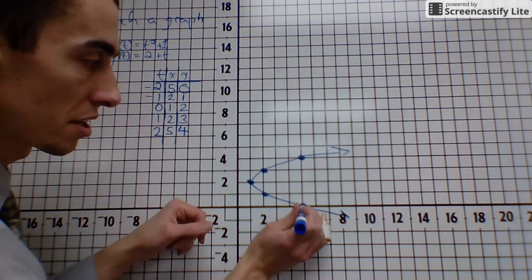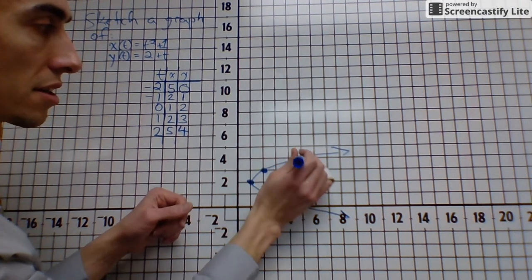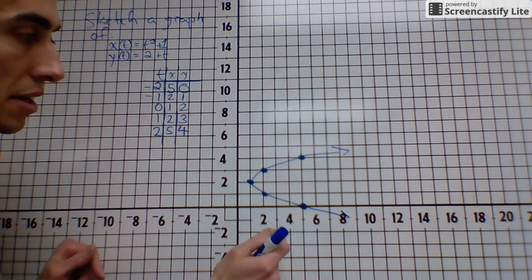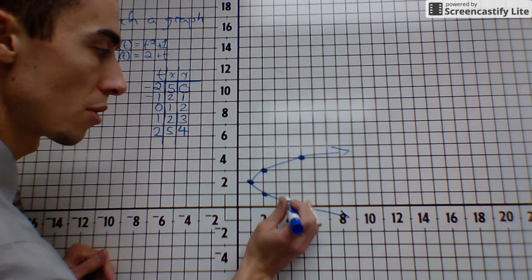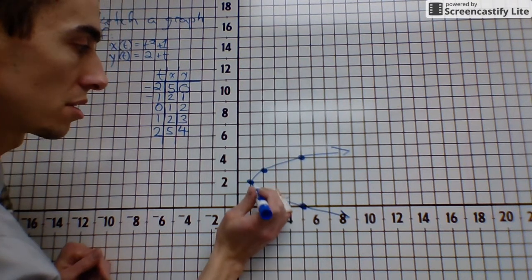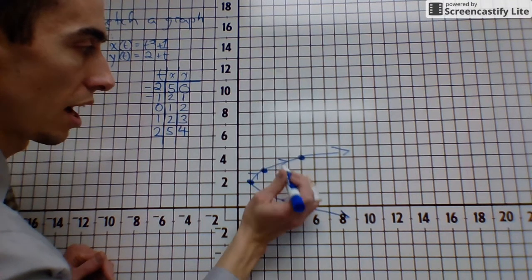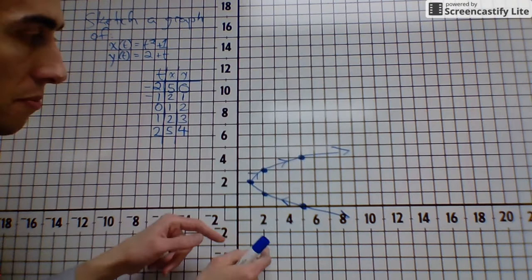Our first point was here, then here, then here, then here, then there. So we can see that the point is traveling in this way. To indicate that, I'm going to draw a few little arrows on the graph to show that the point is traveling on this path.